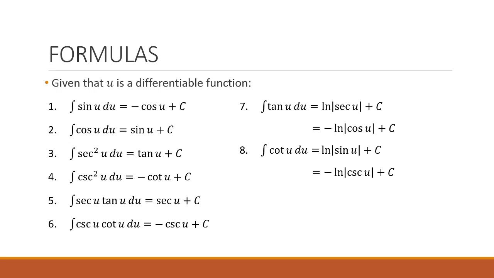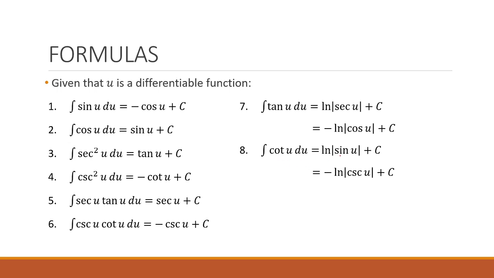Okay, so for example, sa tangent, one formula is ln secant, which is equivalent to negative ln cosine because of how logarithmic functions work. Okay, so later on we'll see bakit naging equivalent itong ln secant and negative ln cosine. So basically property lang ng logarithmic functions. Okay, the same also is true for cotangent.